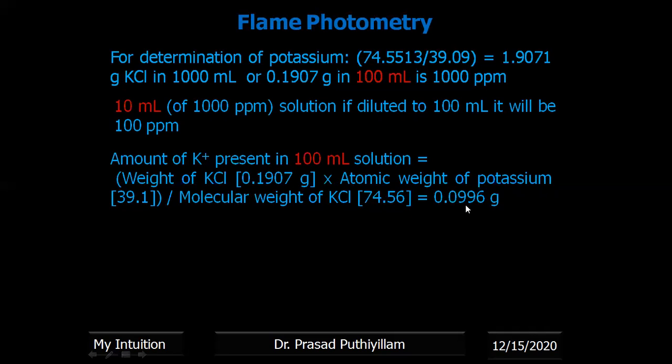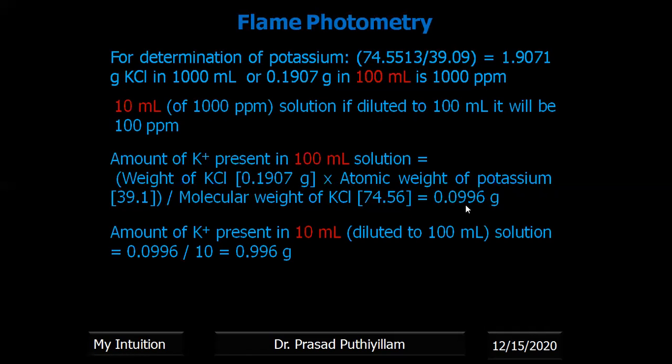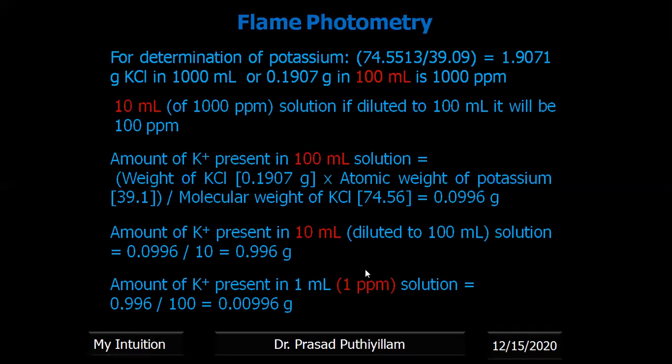We get a value of 0.0996 gram. Therefore, the amount of potassium present in the 10 ml of solution, which we took and further diluted to 100 ml to get 100 ppm, will be 0.0996 divided by 10, that is 0.996 gram.